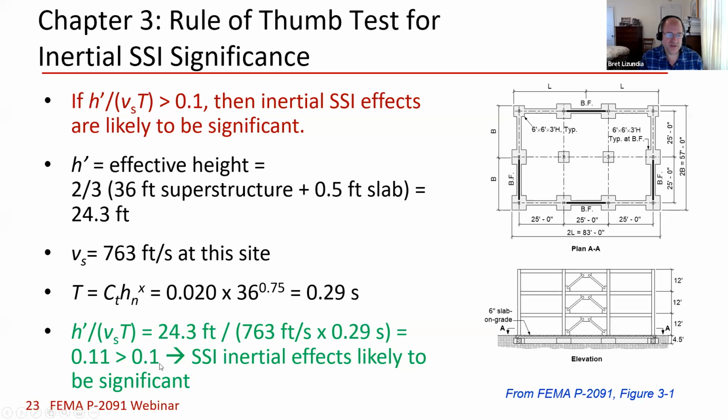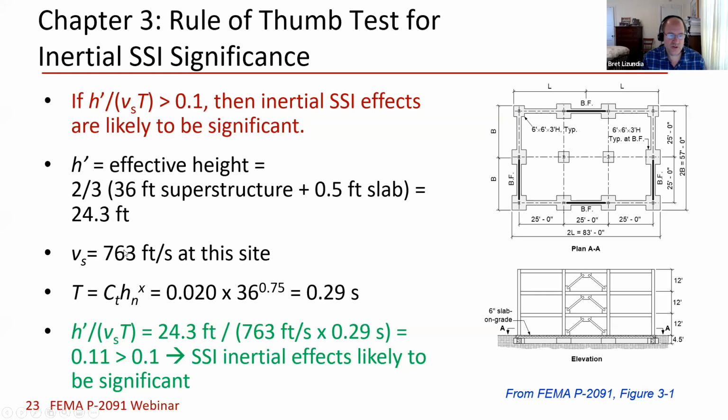You plug all these things in, and this just rises above that 0.1 level. So this short building, before I was involved in this project, it wouldn't have jumped out at me that it might have some benefit from this. This is sort of showing, yep, it probably does.